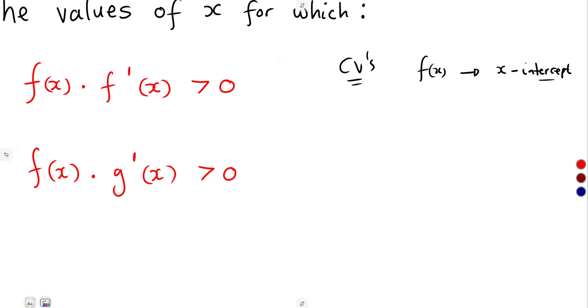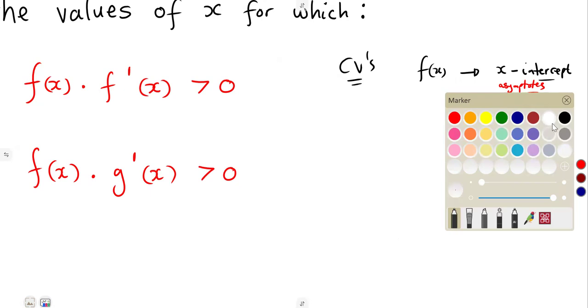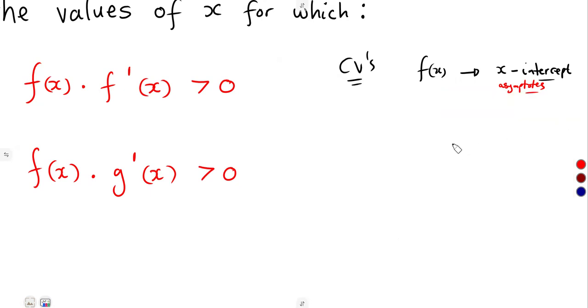So we can have x-intercepts, and we can have asymptotes also to be considered where there's a graph that has asymptotes. But for the first derivative, our critical values will be taken at the turning points.